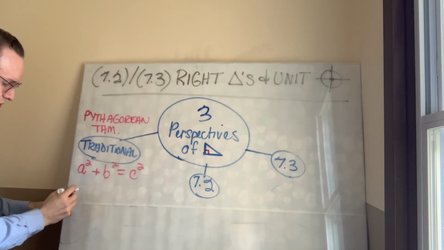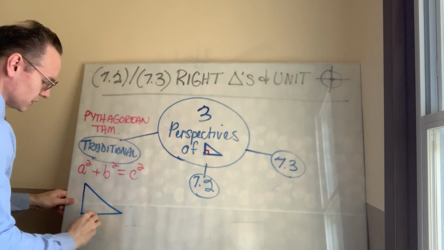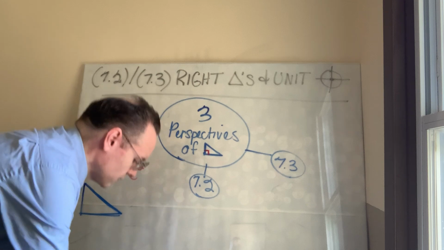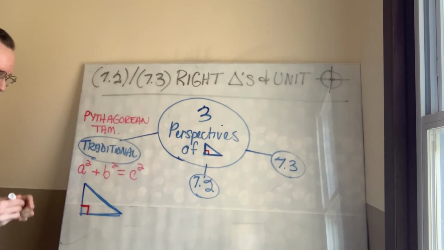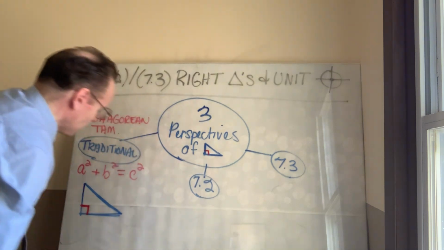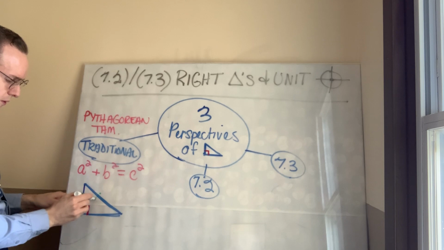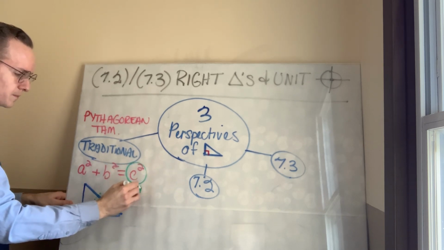Here's a drawing also to summarize. If you have a right triangle again, here's my box. Setting a good example. The one thing that is non-negotiable is which one of these refers to the hypotenuse.